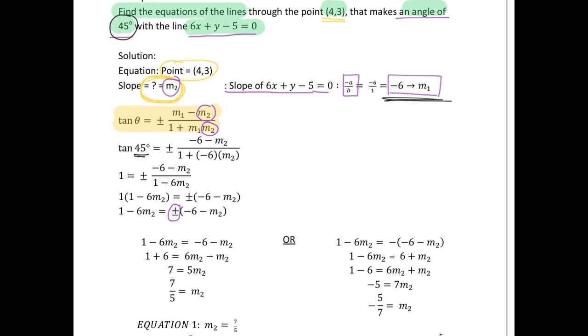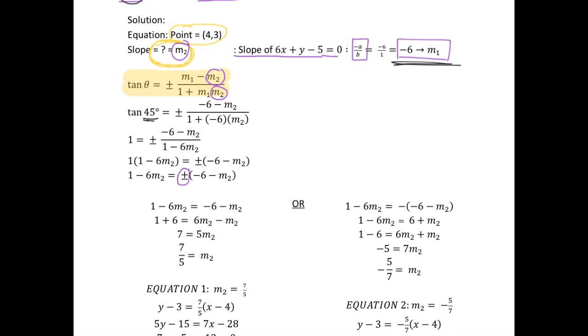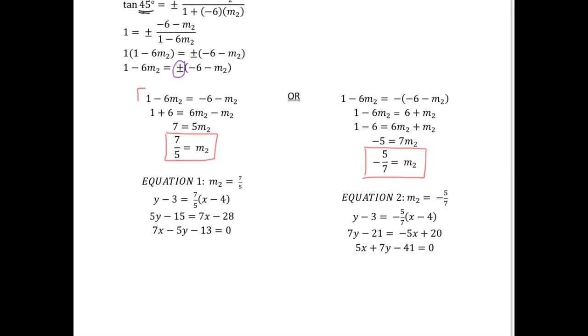So then we just go through both of these equations to find what M2 is, and we find on the left here that our M2 is 7 over 5, so the slope of one of our lines that satisfies the conditions given in the question has a slope 7 over 5. The other has a slope minus 5 over 7. So we'll end up with two different equations.